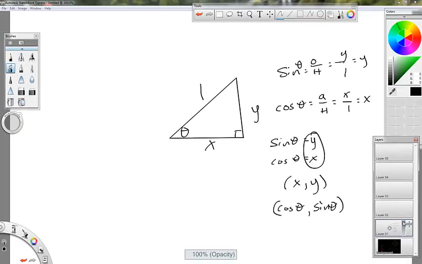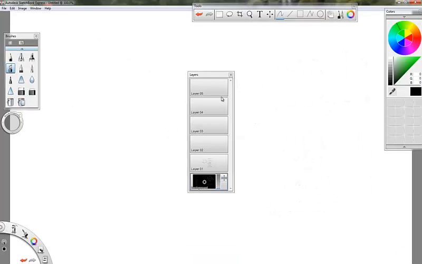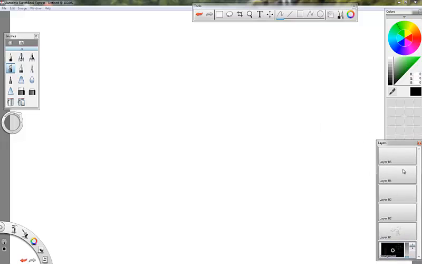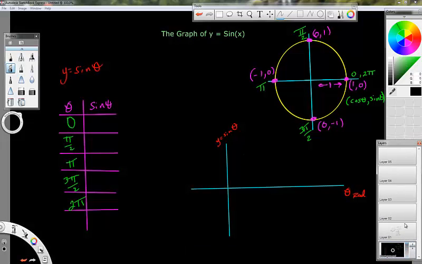All right, so now back to our unit circle. This is true: the cosine of theta, sine theta. That means that these values of the sine are just going to be the y values of these points.